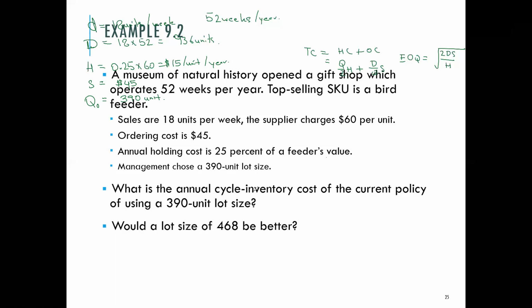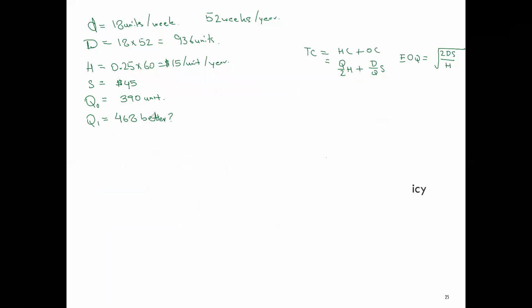And then it says, what is the cycle inventory cost of this current policy, right? Okay. And what about a lot size of 468? So Q1 is equal to 468. And I know you can't see this, but once I go to the next slide, you will be able to see it. Perfect.